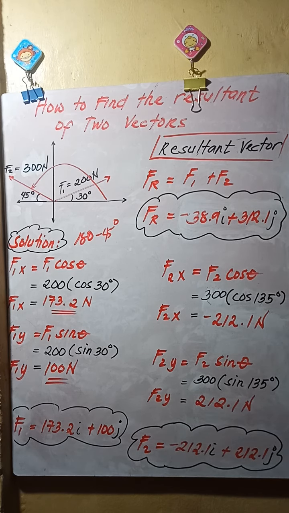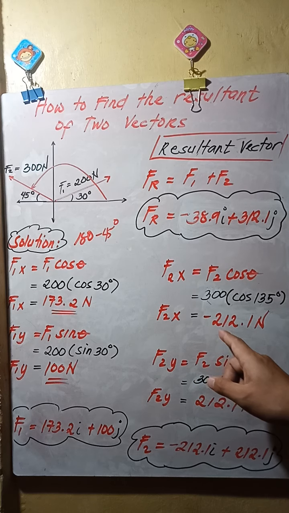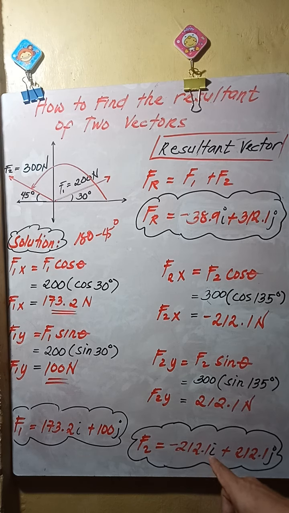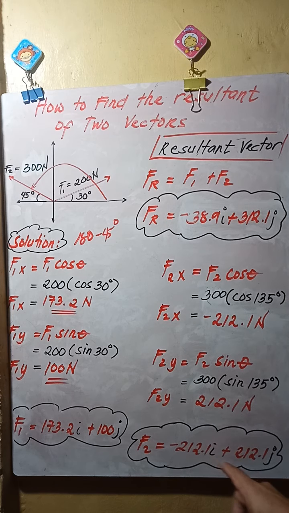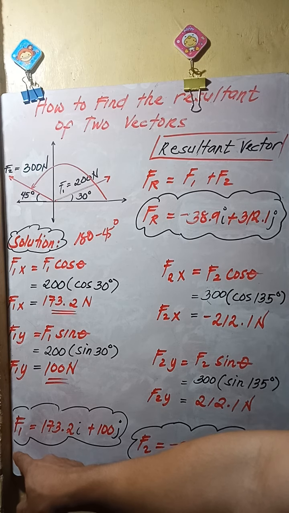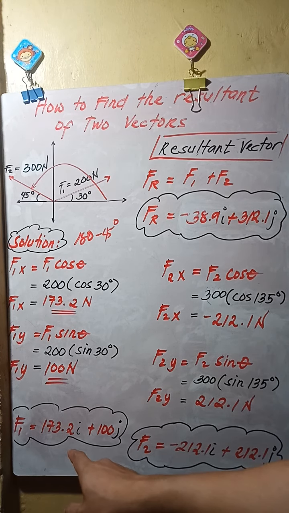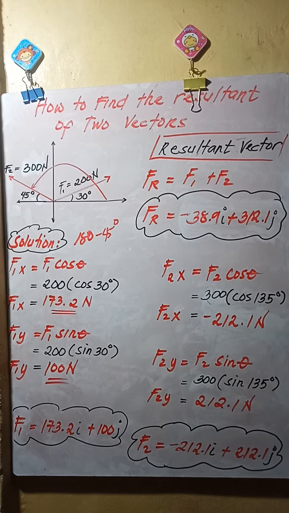So, pag ginawa natin into unit vector, component vector, kagaya ng F1, negative 212.1, ilalagay ko i, kasi nga inilalagay na natin sa unit vector. So, i plus 212.1j. Again, ulitin ko, yung i is just your x component, and then j is just your y component. So, ito yung magiging component vector natin ng F1 and then component vector natin ng F2.